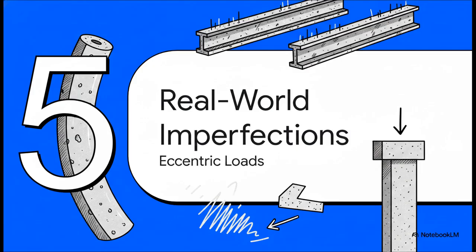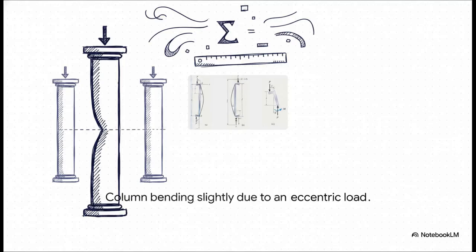Section 5, real-world imperfections. Let's dive into the messy, realistic reality of construction. Because as anyone who has ever visited a job site knows, manufactured materials always have flaws. In reality, columns almost never suddenly buckle out of nowhere in a split second, like Euler's theory suggests. Concrete has air bubbles, steel has slight variations, and loads are virtually never perfectly centered.